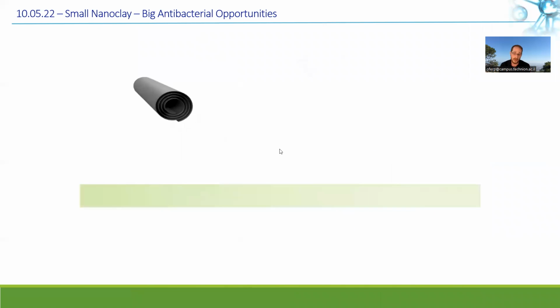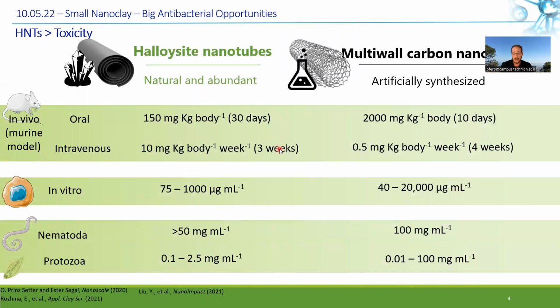In terms of biocompatibility, it is very tempting to identify HNTs, Halloysite nanotubes, as biocompatible. However, the truth is that not enough research has been done till now. In a thorough review that we have recently published, we compared HNTs with other common high-aspect-ratio nanomaterials, such as multi-wall carbon nanotubes, and found that at least HNTs are not more toxic than carbon nanotubes.